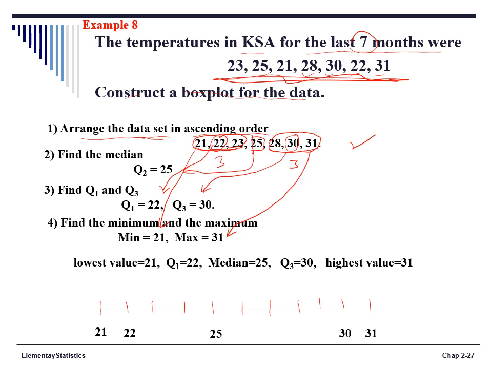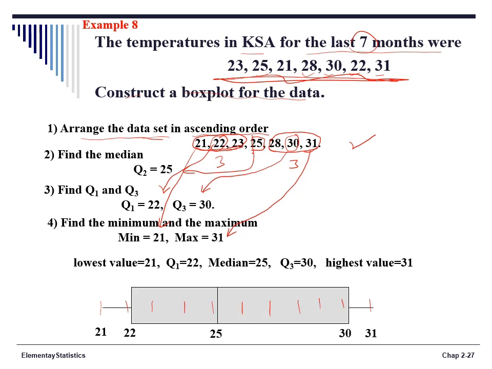You see everything is in regular position, and the scale is a true scale, or a good scale. Then you choose Q1 and Q2. Q1 corresponds to 22, then Q2 is here, sorry, this is Q3. And then this is your box plot.